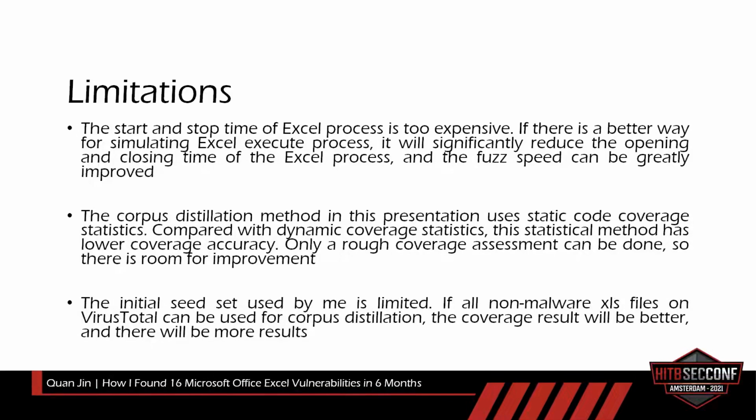The graph distillation method in this presentation uses static code coverage statistics compared with dynamic coverage statistics. This statistical method has lower coverage accuracy. Only a rough coverage assessment can be done, so there is room for improvement.